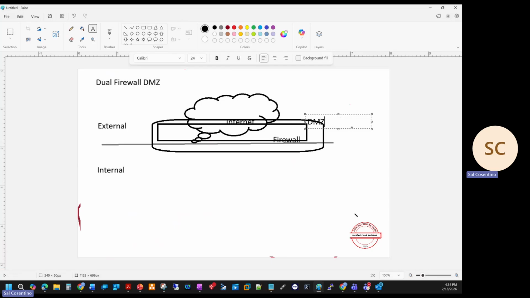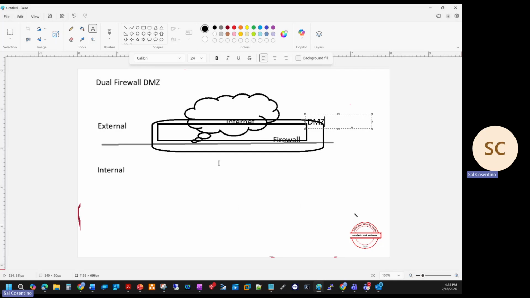You can have an external firewall where you have your internet and DMZ, and then you can have your internal, which is your DMZ and your internal network, within those other two examples that I showed you. From that external DMZ, you have your internal DMZ and your internal networks, firewall, and then your internal network.